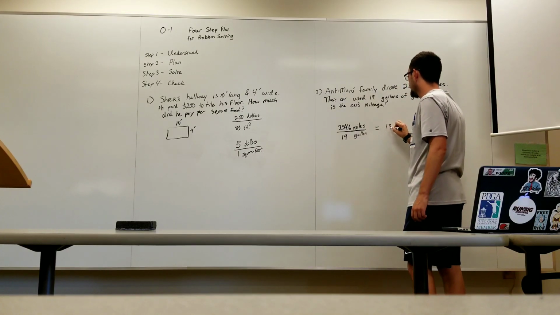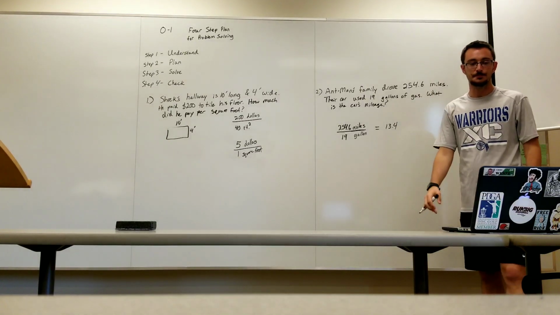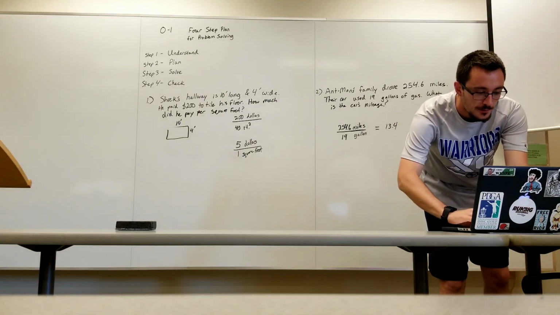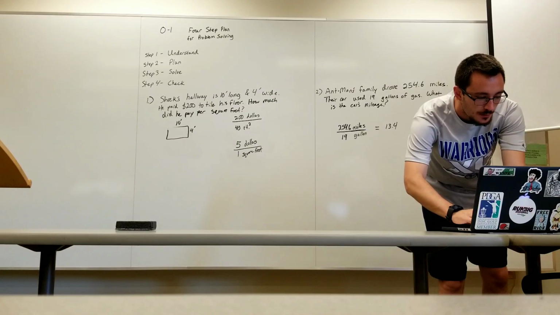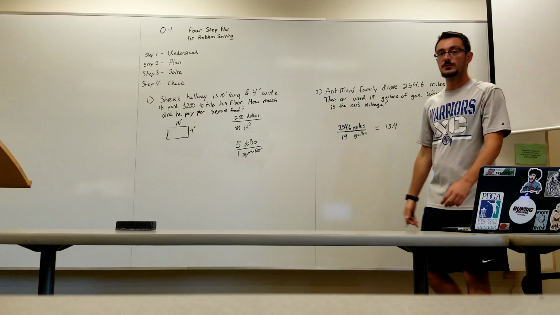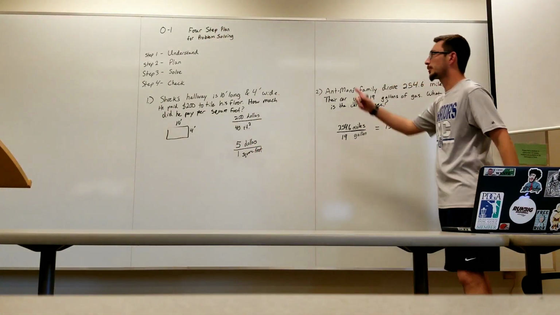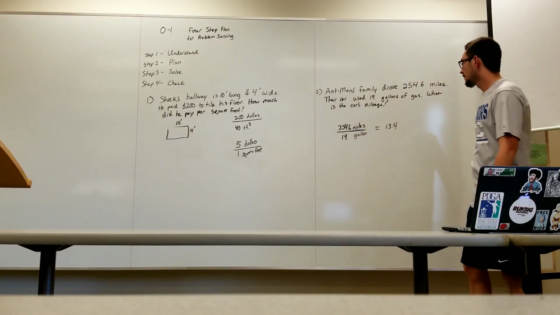So I don't want to write just 13.4 and stop. Let me clear this. Okay. I don't want to just say 13.4 is my answer. 13.4 what? So what were we asking for? This is part of the understand step, going back to that.